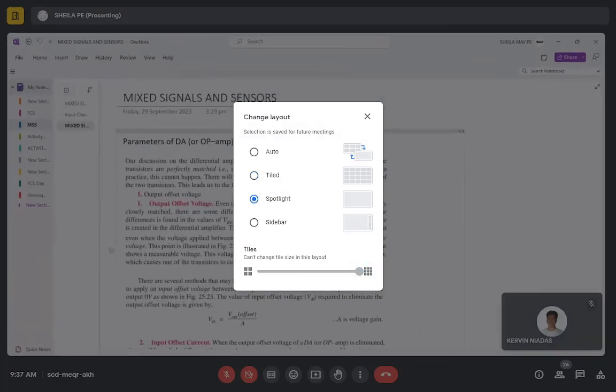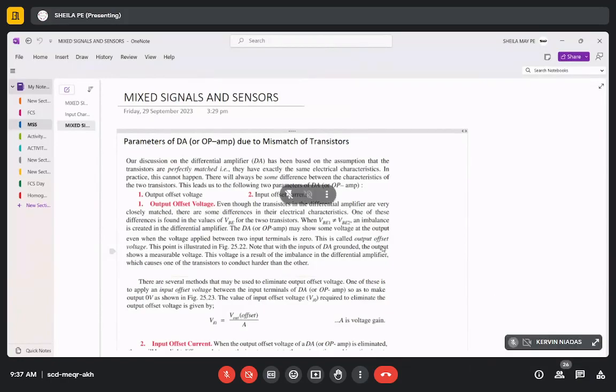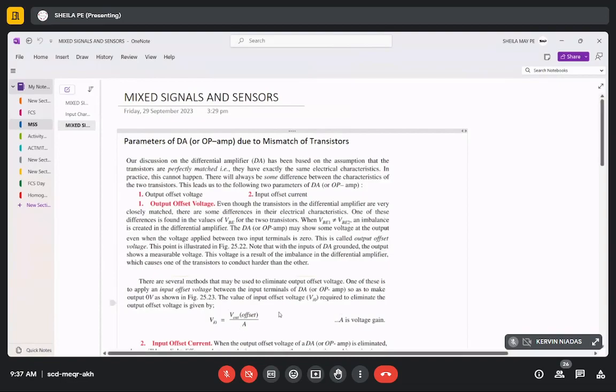The value of the input offset voltage, V sub IO, I for input, O for offset, and V for voltage, required to eliminate the output offset voltage is given by V sub IO equals V out offset divided by the voltage gain. V out offset is our output offset voltage.